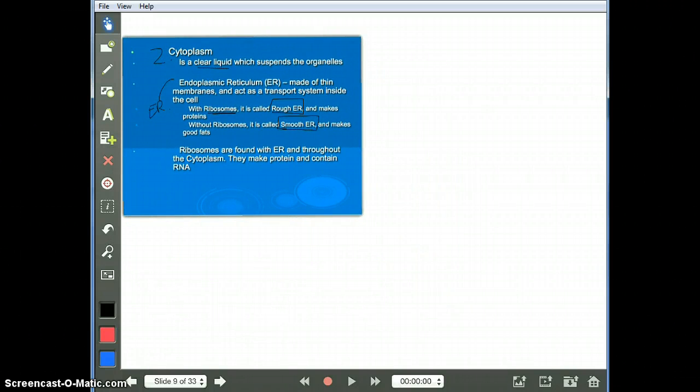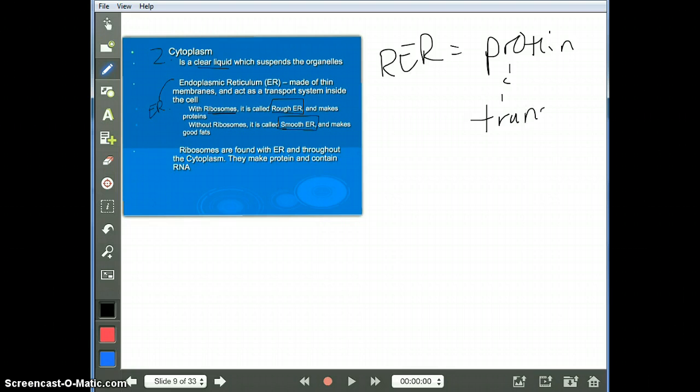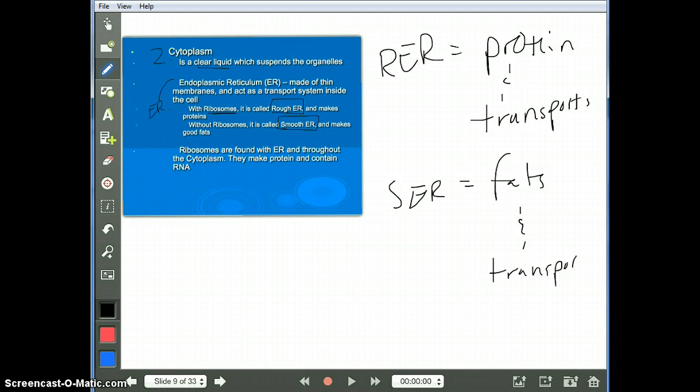So if I'm going to symbolize this, I'm going to have RER, so rough ER, protein, meaning it makes proteins and transports proteins. SER, smooth ER, is fats, makes fats or synthesizes fats. Synthesize means the same as making, and transports them.